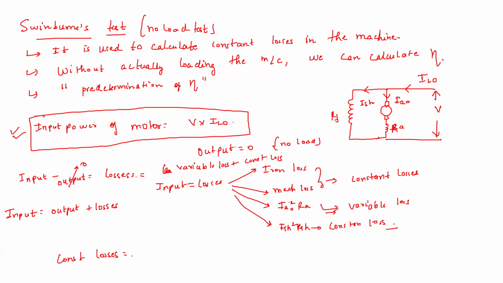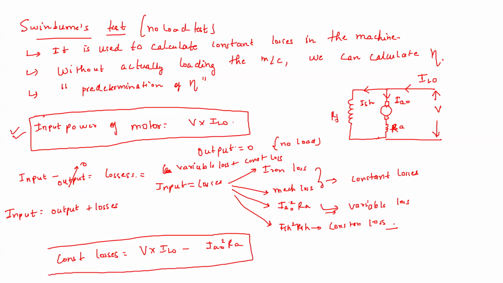So from the input power I have to subtract the variable losses. What is the variable loss? It is Ia0 square Ra. In this way we can get the constant losses. Once we get the constant loss, we can use it to determine the efficiency. So how will you determine the efficiency?